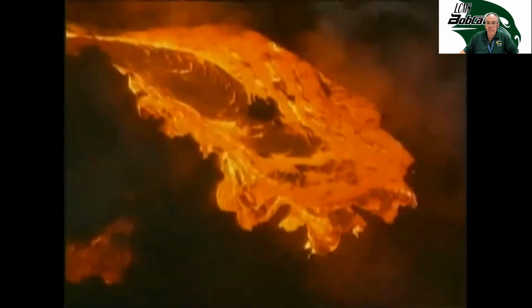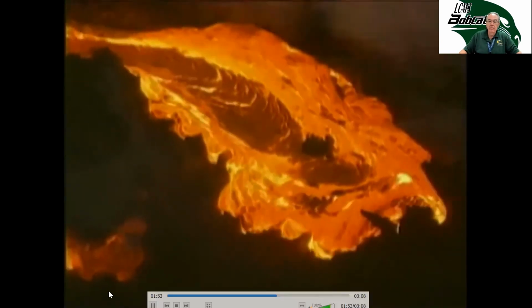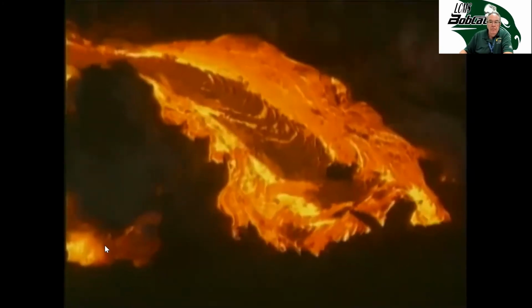Hot lava erupts and pours across the land as a result of tremendous pressure in the interior of the planet. Temperatures are so great that rock melts and flows from the mouth of a volcano. However, the most important source of heat is the sun. In fact, all life on our planet is dependent on the heat from the sun. There would be no life on Earth without solar energy.